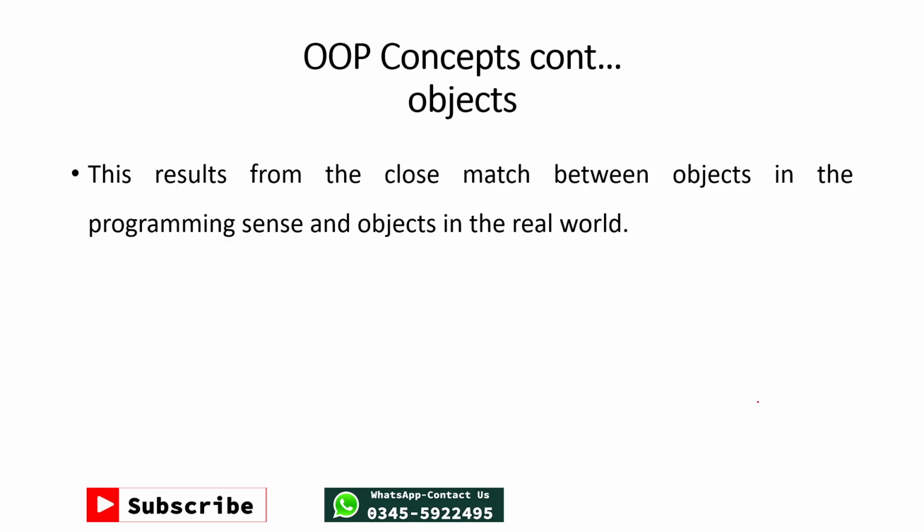This results from the close match between objects in the programming sense and objects in the real world. Whenever we are discussing objects of the real world, we are saying everything around us is simply an object. So we are using the concepts of the real world.